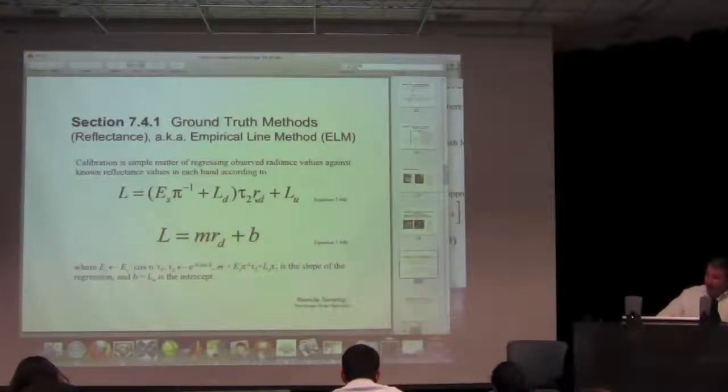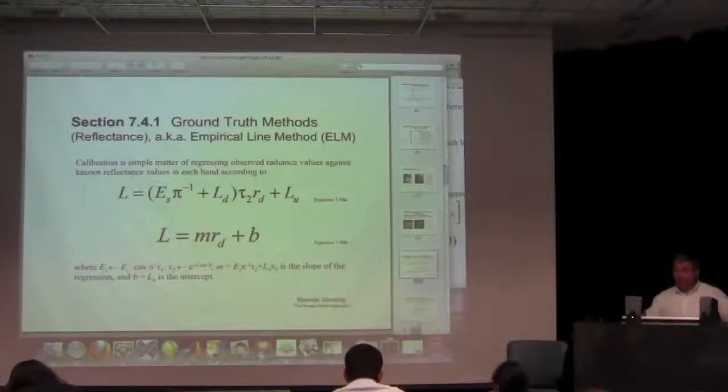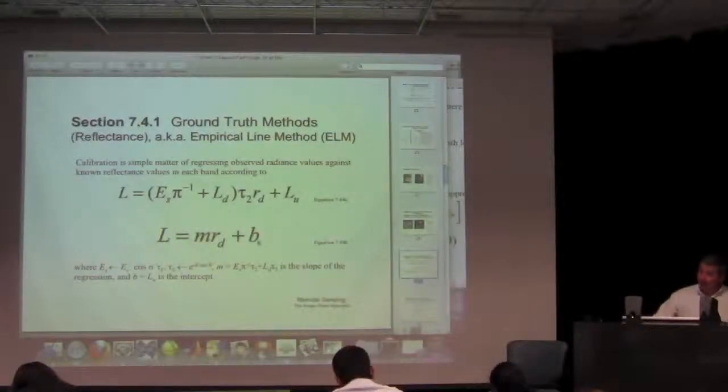You multiply that by the reflectivity of the target, diffuse reflectance in this case, times the tau up to the sensor, plus the path radiance. So we get a nice linear equation if we arrange it this way, where m, the slope, is the summation of your skylight and your sunlight onto your target, and your tau2 term. And your intercept is your path radiance term.